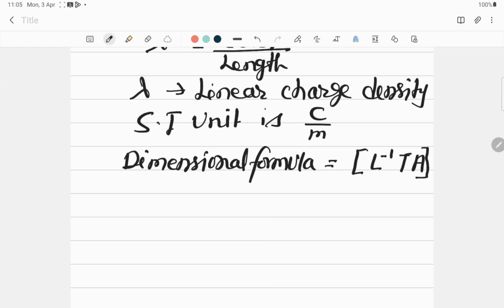Coulomb is Q equal to I T, meaning A and T, where I is in ampere, A, and T is time.